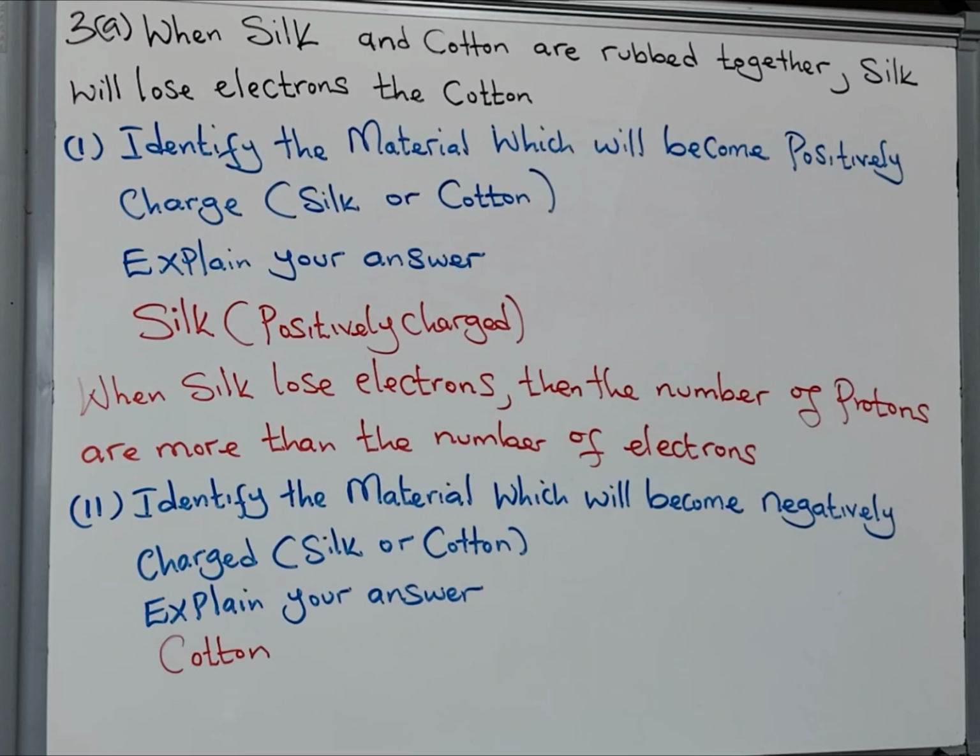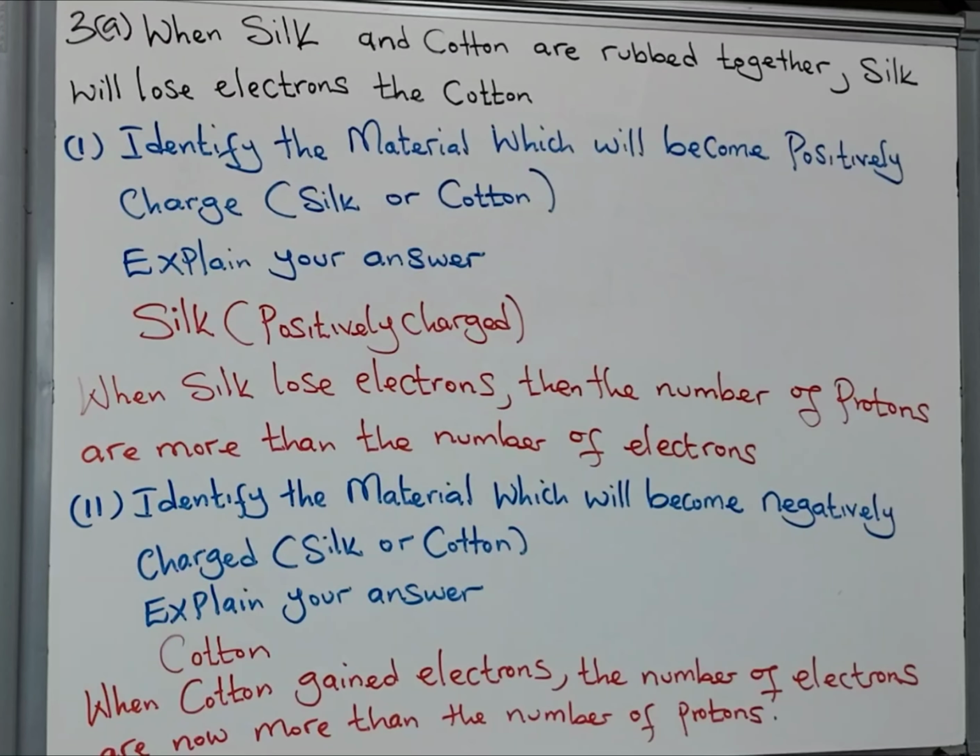The reason is that cotton gained electrons. So after gaining electrons, an imbalance was created. So now the number of electrons is more than the number of protons. Yeah, that's it. So that's the case.